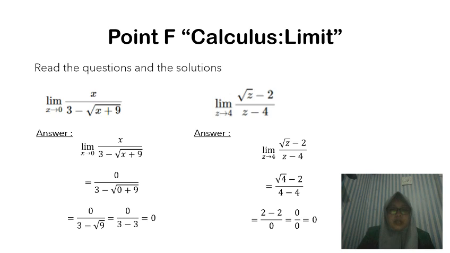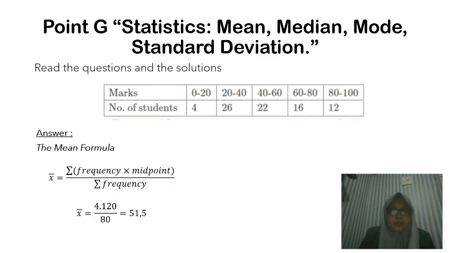The answer, substitution z to 4 equals root of 4 minus 2 over 4 minus 4 equals 2 minus 2 over 0 equals 0 over 0 equals 0.